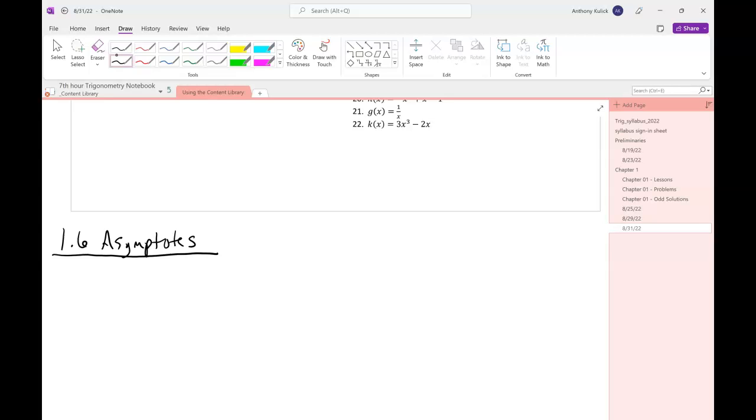In section 1.6, we're going to talk about asymptotes. Ordinarily, in your Algebra 2 class, you would have talked about asymptotes. Obviously, you guys didn't get that far, so we'll just do a brief discussion about what we mean here.